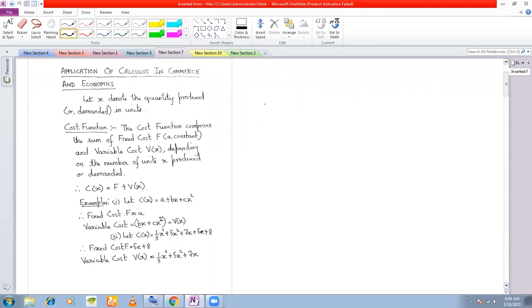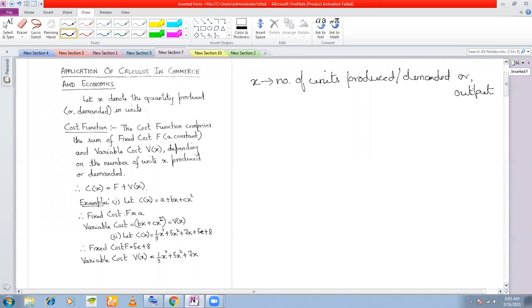Variable costs, in fact, depend on the number of units that a factory is producing. X is called the number of units produced, or demanded, or simply it is called the output.